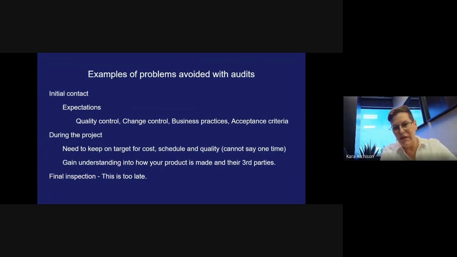Now, initial contact. In my experience, I have a company that is working with a factory that is difficult. And from day one, they really didn't set out what they expected. They didn't give them clear acceptance criteria. And now that they've gotten this inspection, it's not going well, they want to reject things.